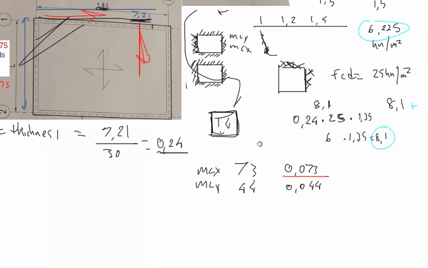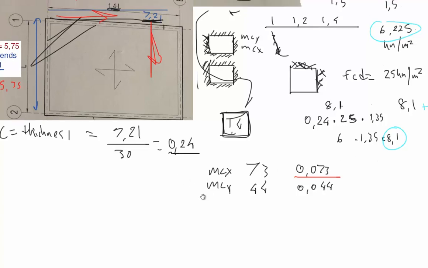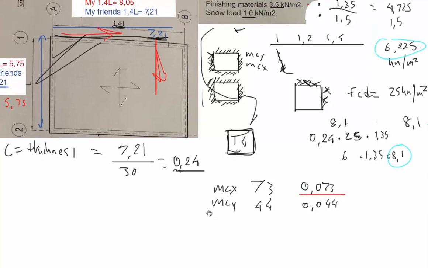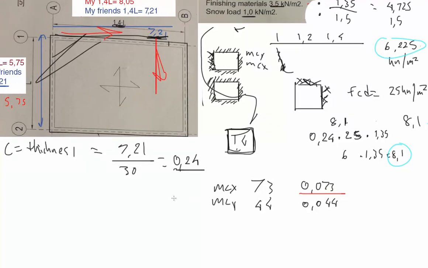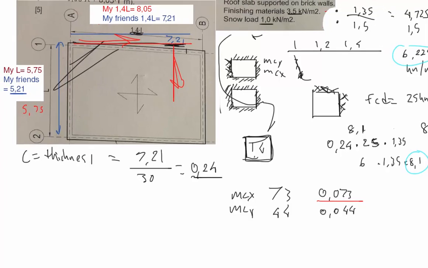So then we take mcx. Now we want to know, let's see. I'm a bit curious why it should always be the same. I'm not sure if my logic is a mistake here or not, but I would assume that if you want to take the x direction, you would take this one, while the other one would be that one, but they only took the shorter one for both.